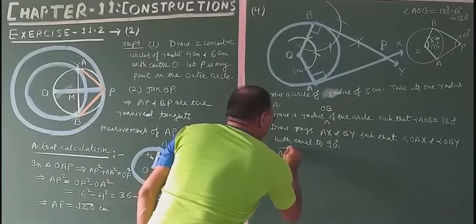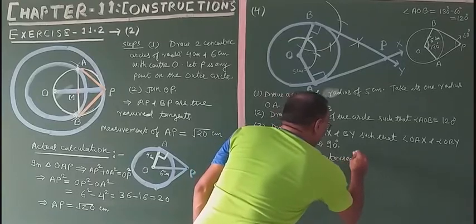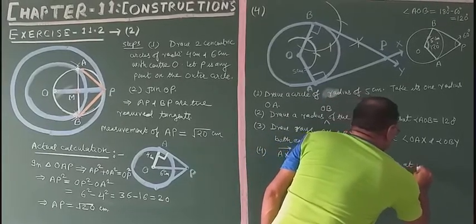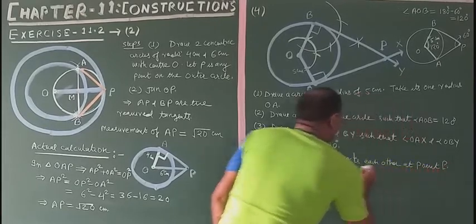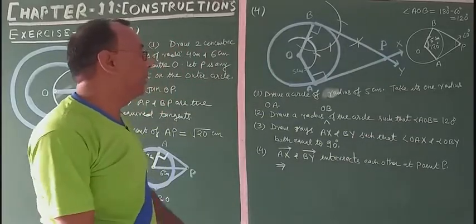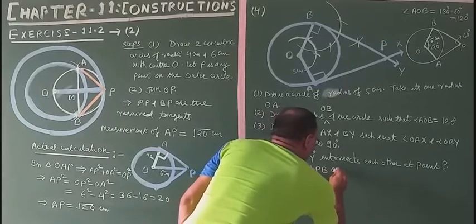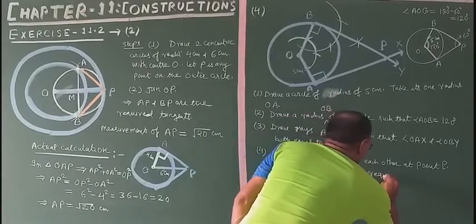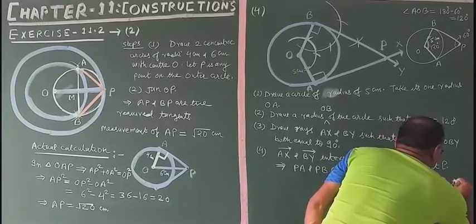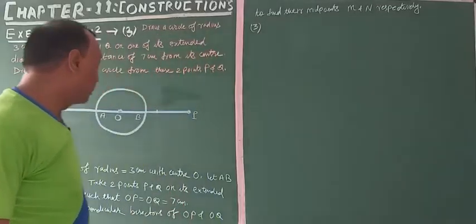Rays AX and BY intersect each other at point P. They both intersect at point P. So PA and PB are the required tangents to the circle.